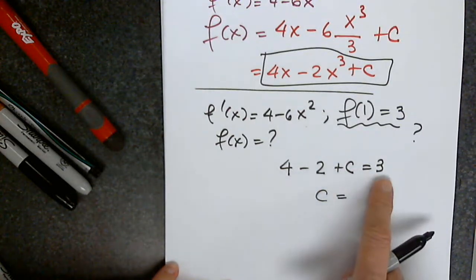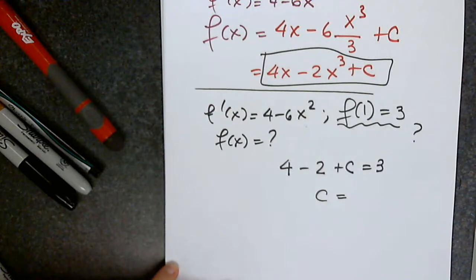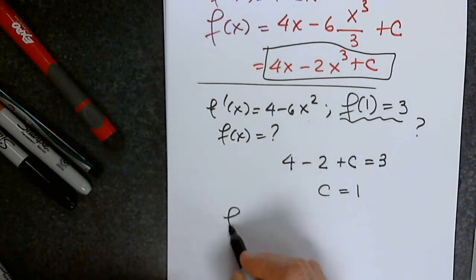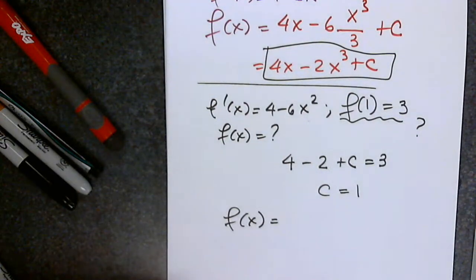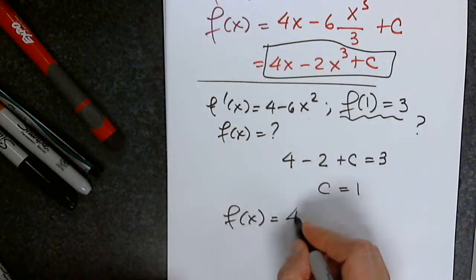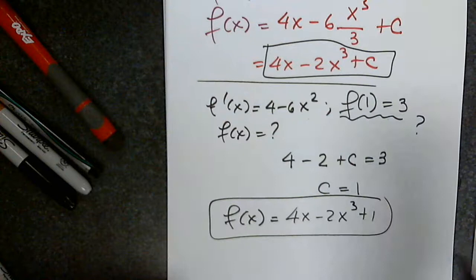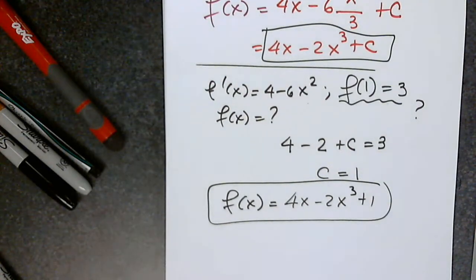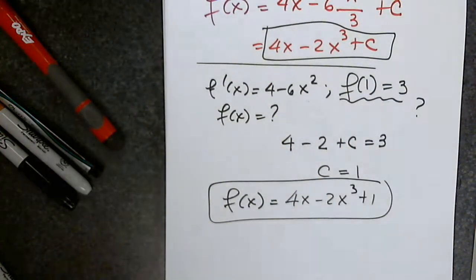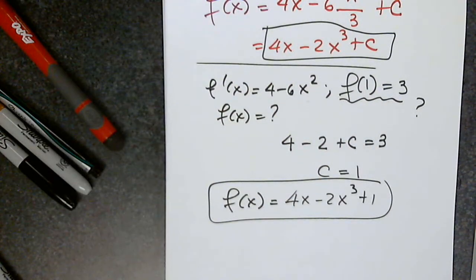This is 2 and this is 3. 2 plus what number is 3? 1. So the only function that complies with the given conditions is this. This is not a family of functions. This is just one, specific one, that fulfills the condition that f of 1 is 3. Are we okay with this?